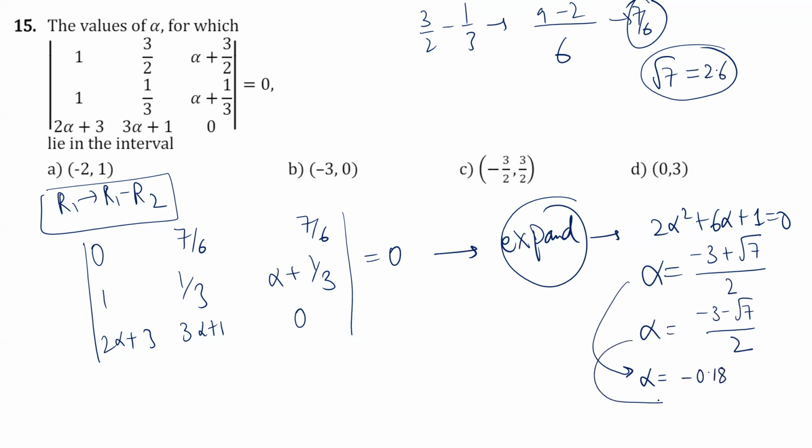You can calculate, and the other alpha will come out to be minus 2.82. Okay, and then you can see which interval this alpha will be lying in. That will be, I guess, this one. Yes, minus 3 to 0.